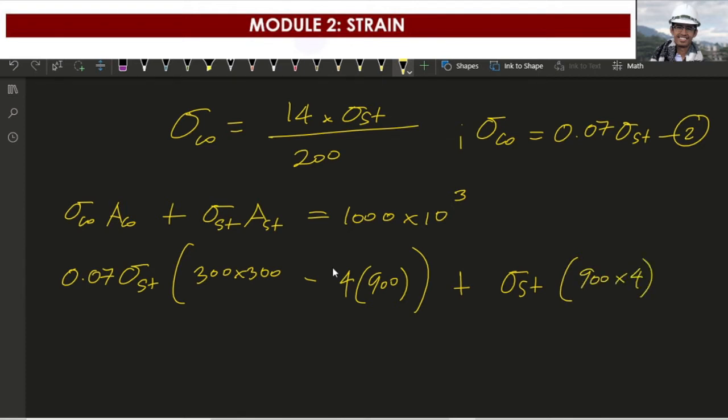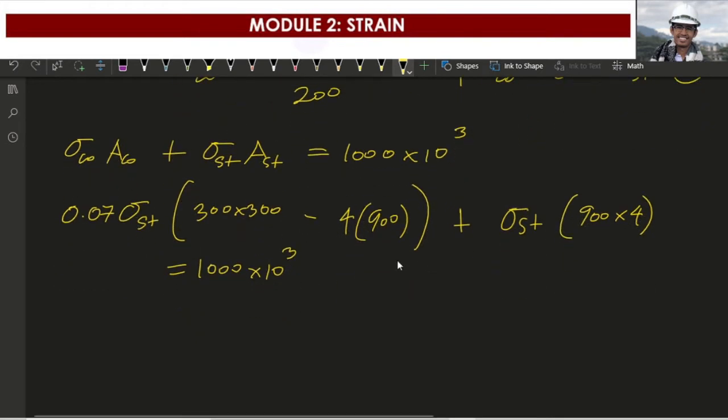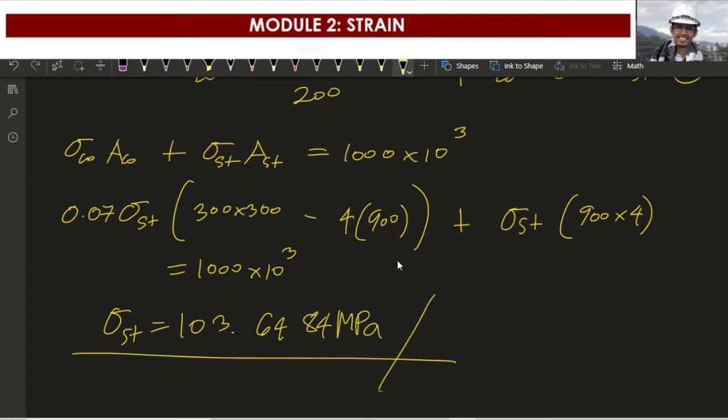So that is equal to 1,000 times 10 raised to 3. So simplifying yung ating equation, it will give us yung stress ng steel natin is equal to 103.6484 megapascal. Tama? So ito na yung stress ng ating steel.